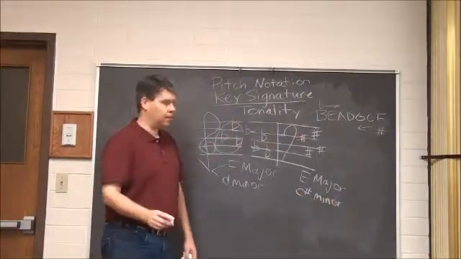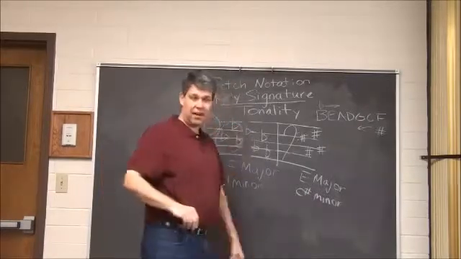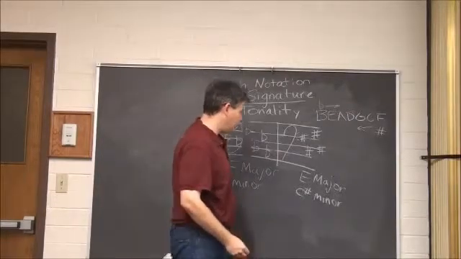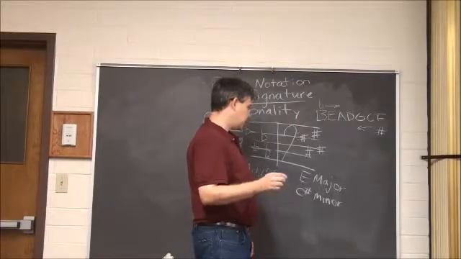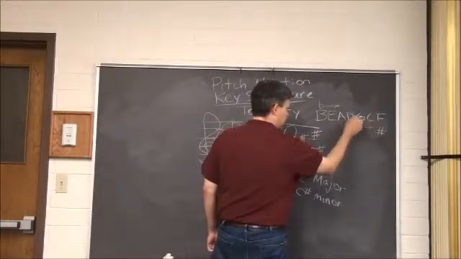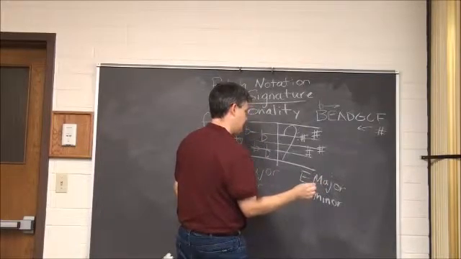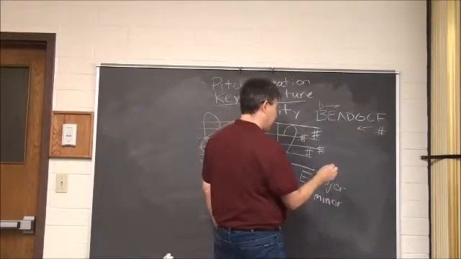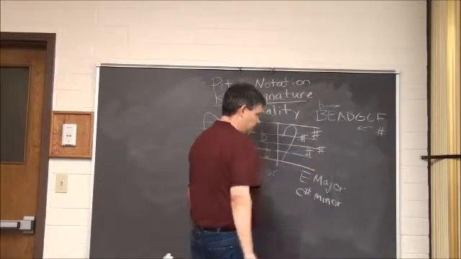There is a trick, and I'm just going to show you briefly what that trick is, if I can remember it. It's been a long time since I've taught this. So with the sharps, we look at the last sharp and go up a step.